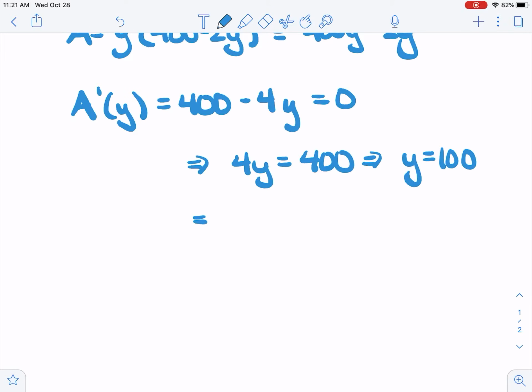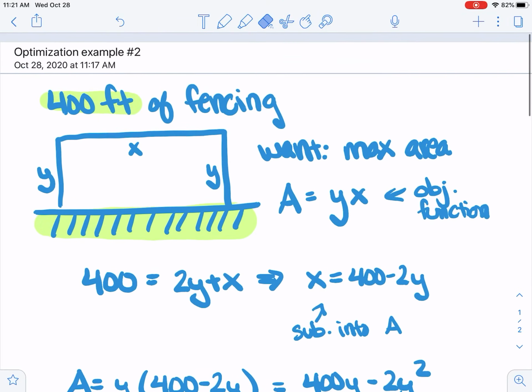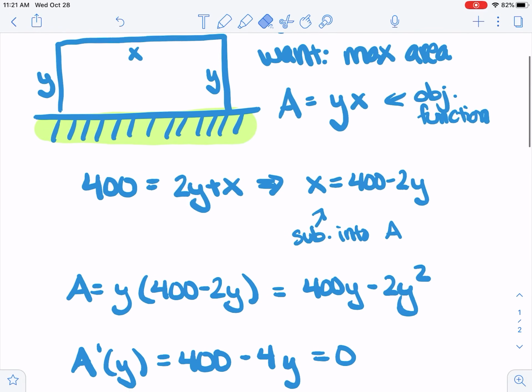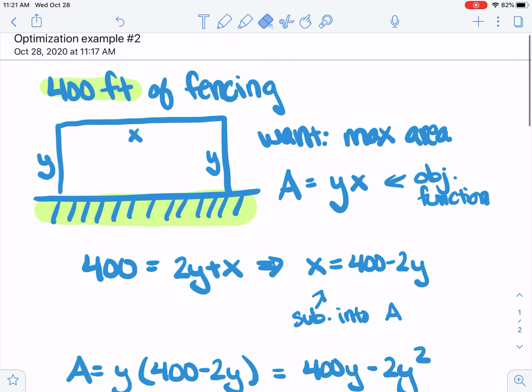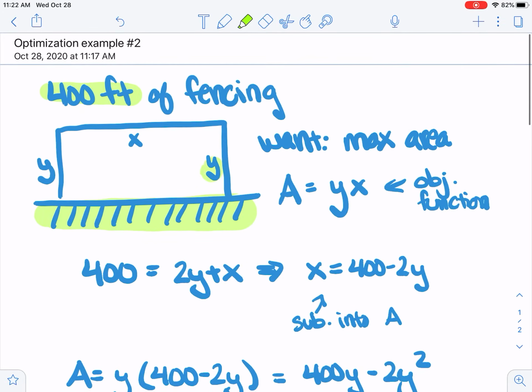Well, let's double check that what we have here is actually a maximum. The endpoints of the interval: we could have y equals 0, which would give us an area of 0. We just have 400 feet of fencing spread out along our wall, which doesn't really make any sense.